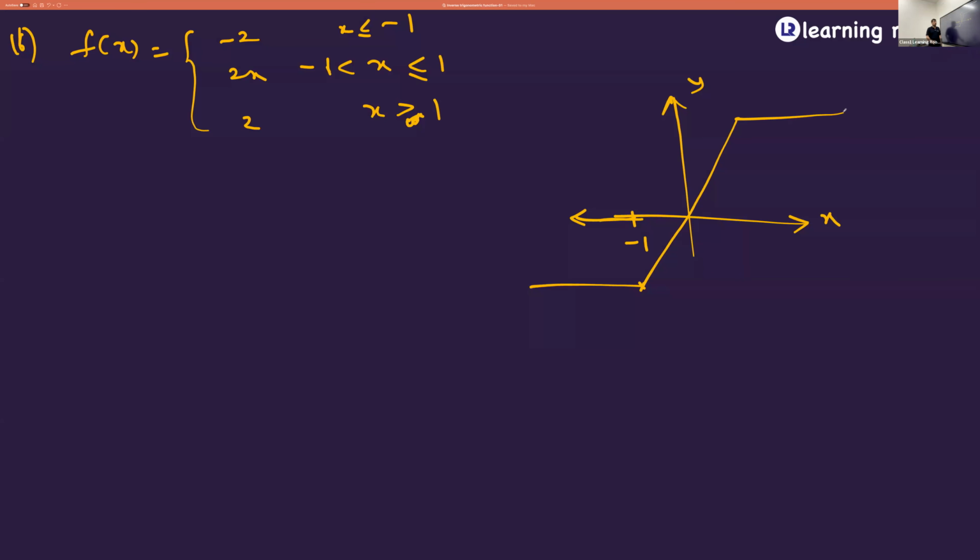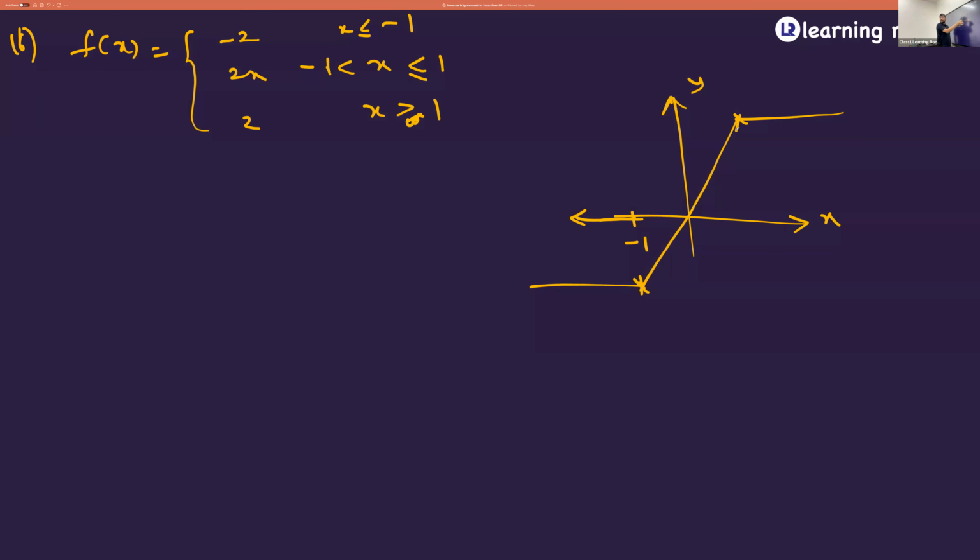Because whenever you have a sharp point, it will not be differentiable. That is what is happening with mod also. There is a sharp turn. Wherever two lines meet like this, it will not be differentiable. Are you able to understand? So here also, this is the slope of the line. What is the slope of this line?